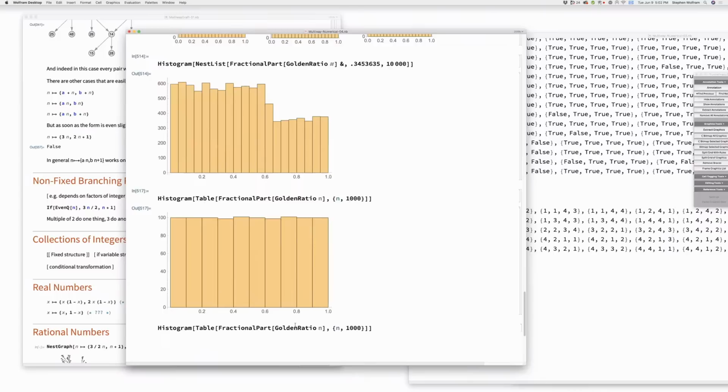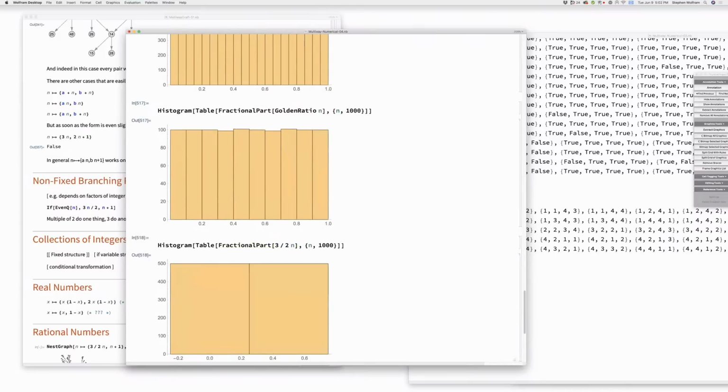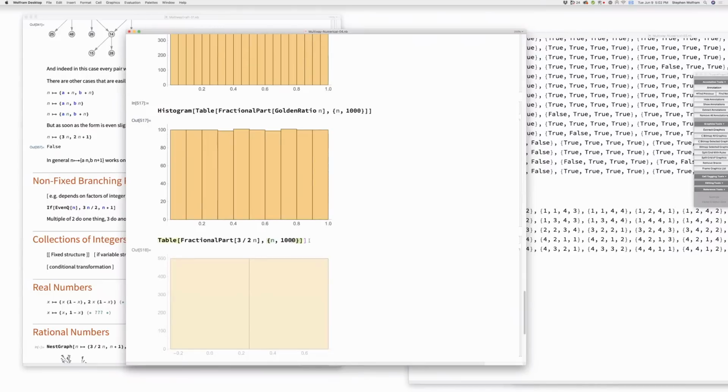And now if I look at powers of 3/2, what the heck is that? Oh, the fractional part of 3/2 is that there are only two possible values, right? Yeah, this goes 1/2, 1/2, 1/2.